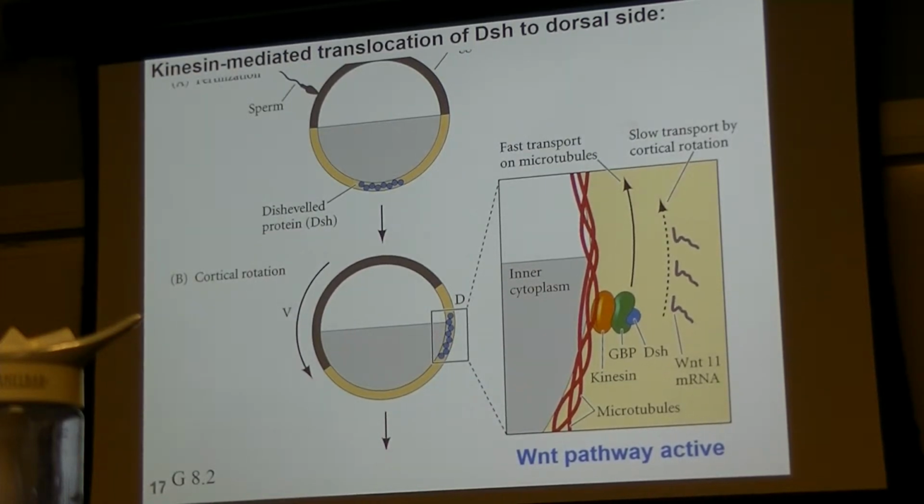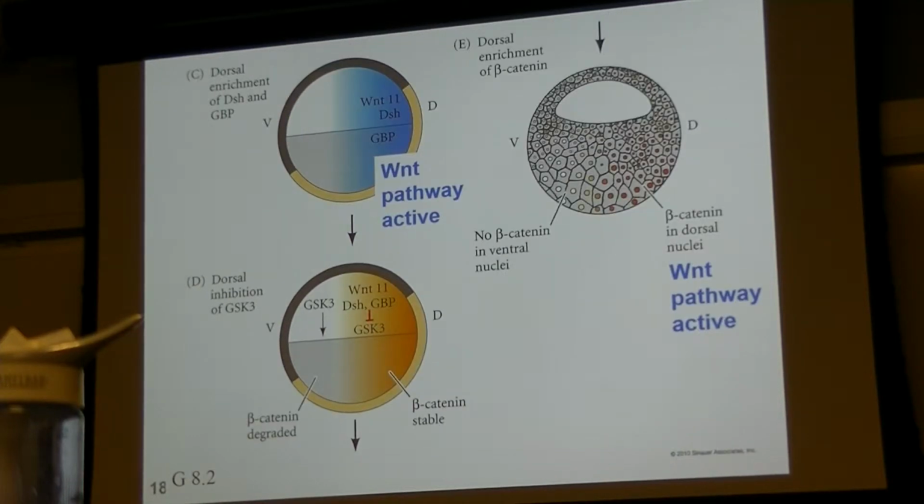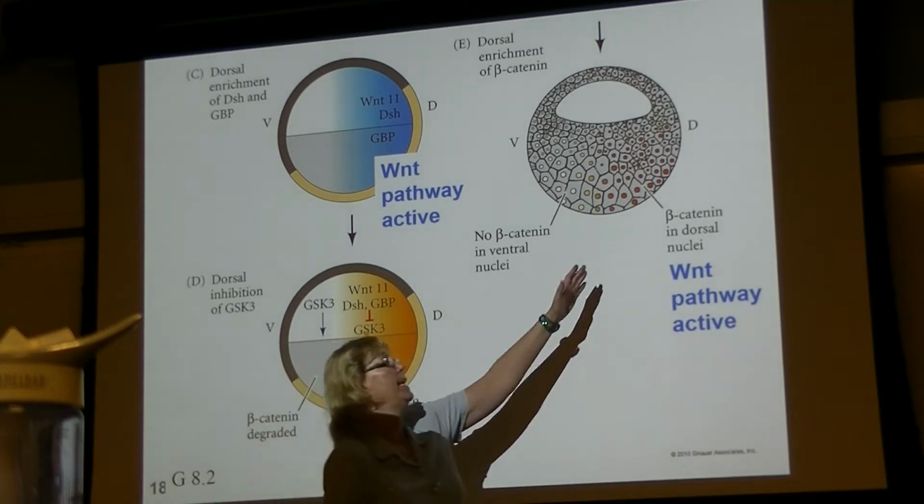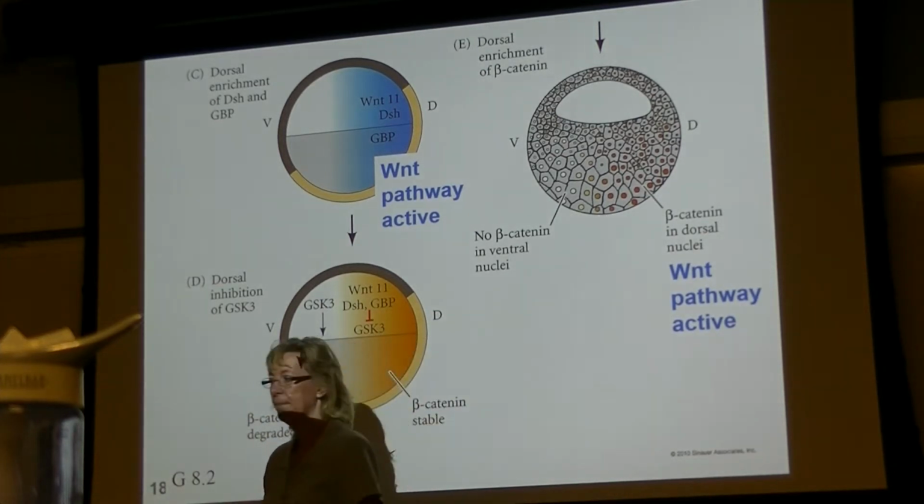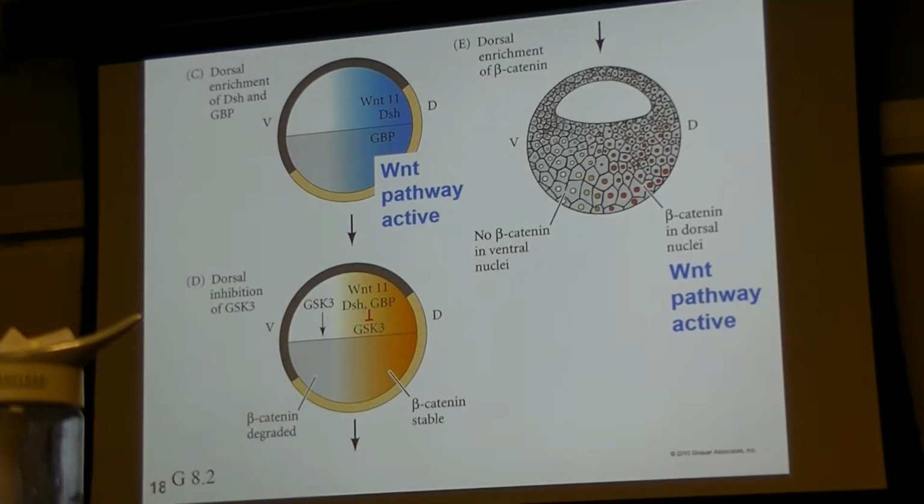Okay. So you see how all these things tie together? The sperm enters, the cytoplasm moves, the factors move, cleavage occurs. So then, by the time we get to blastula stage, beta-catenin will be in the nuclei due to this Wnt pathway activation.